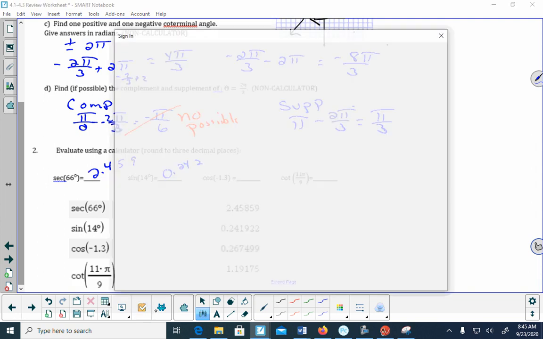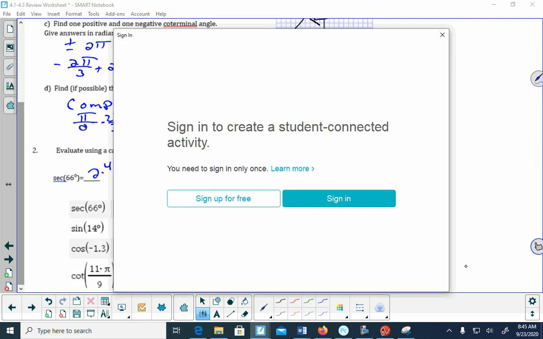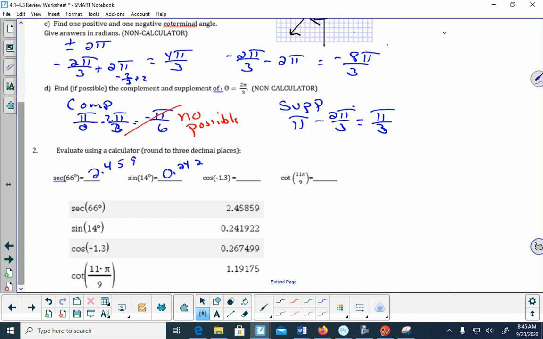The cosine of negative 1.3 would be 0.267. And the cotangent of 11π over 9 would be 1.192. So that's the correct rounding for those two.